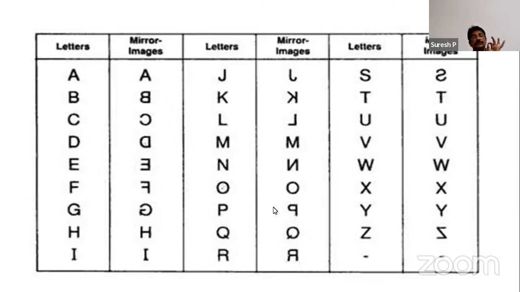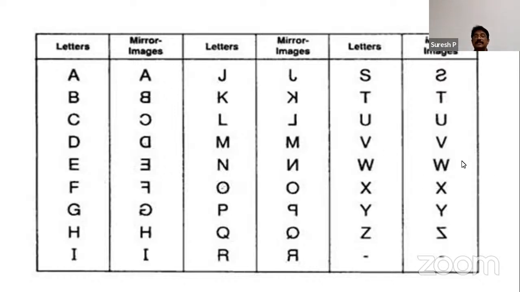So we have to verify it very clearly. Once again, I'm saying, mirror image of A and A will be same. Mirror image of H and H will be same. Mirror image of I and I will be same. Mirror image of M and M will be same. Mirror image of T and T will be same. Mirror image of V and V will be same.